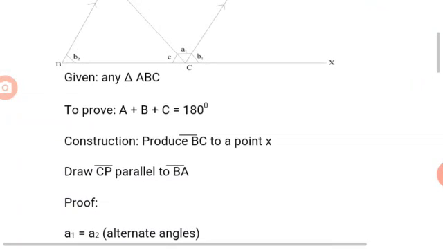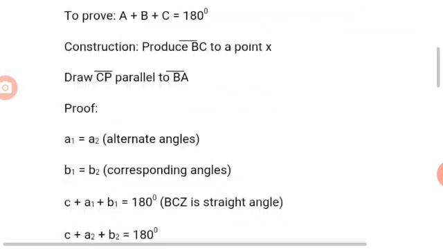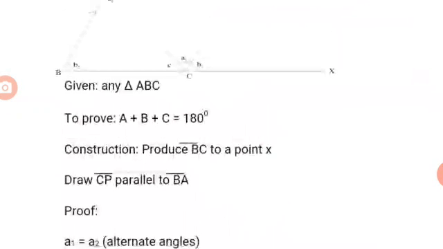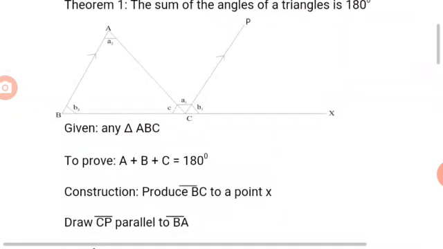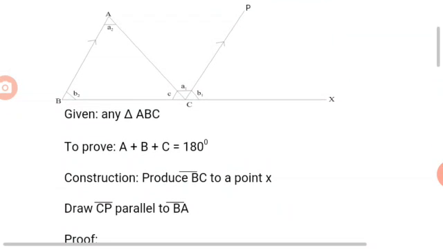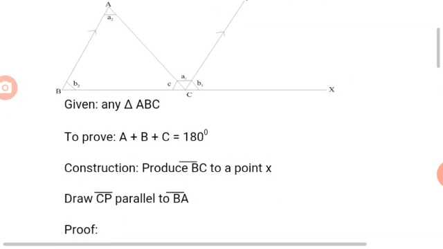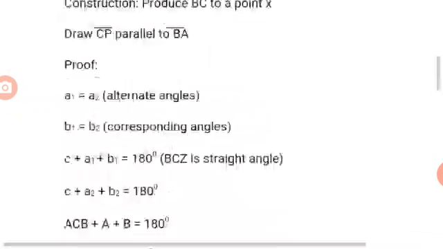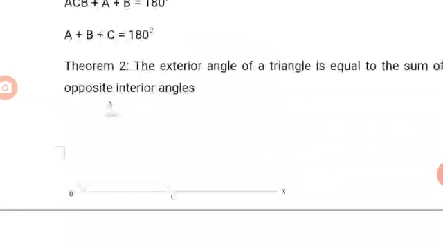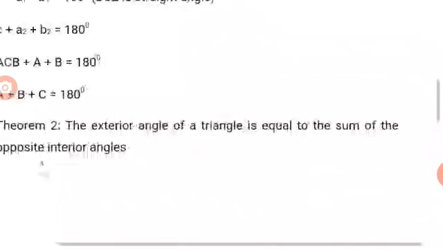Angle B1 corresponds to angle B2. Is that clear? And corresponding angles are equal. Also, A1 is alternate to A2. They are also equal and they are called alternate angles. Are we together? So this is the first theorem.